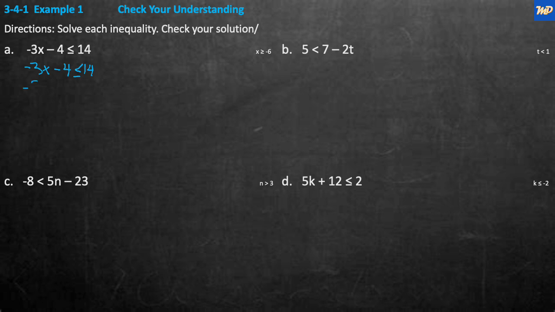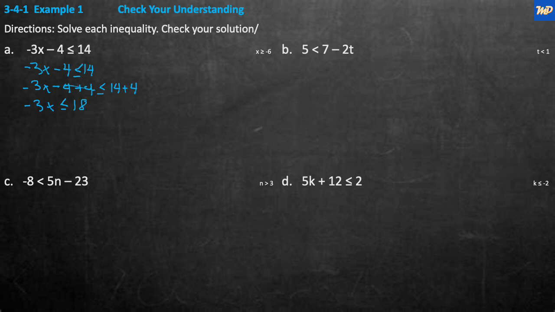Negative 3x minus 4 plus 4 is less than or equal to 14 plus 4. The 4's cancel, and we get negative 3x is less than or equal to 14 plus 4, which is 18.